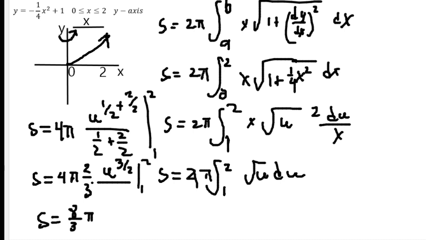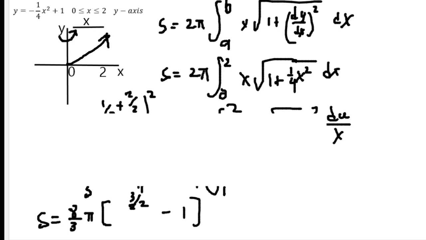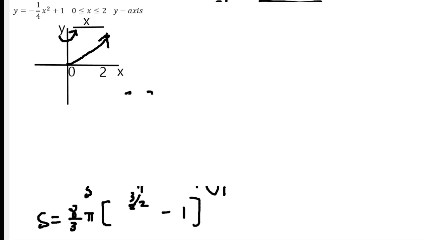Okay, let's integrate from 1 to 2. So we got 3 over 2. We're going to subtract it by 1. So let's just leave it as 1 because we're not going to do anything there.